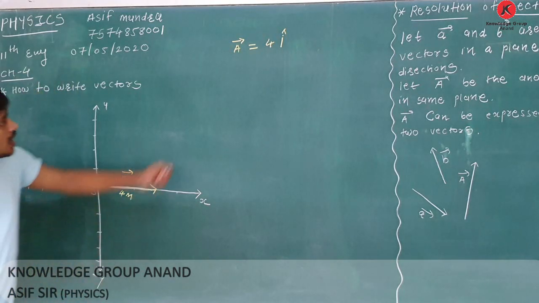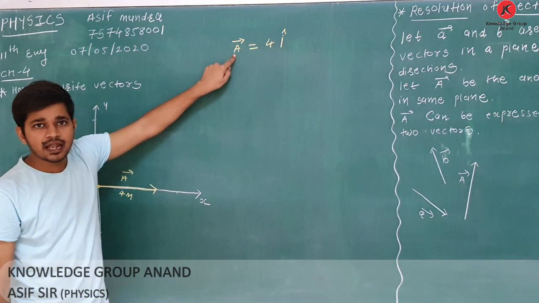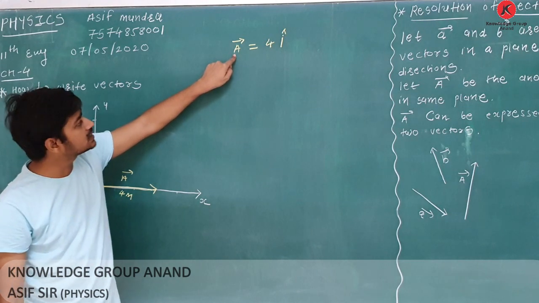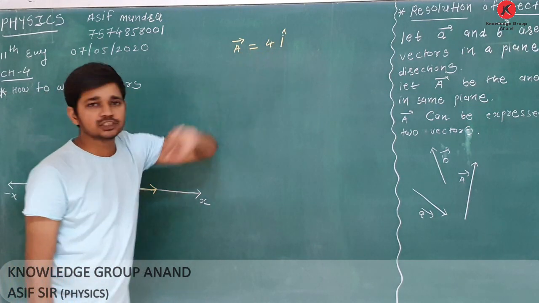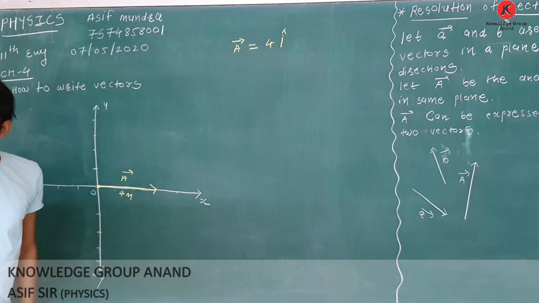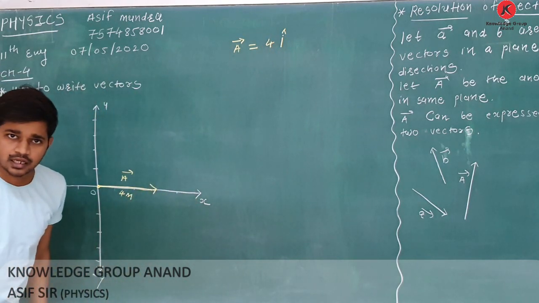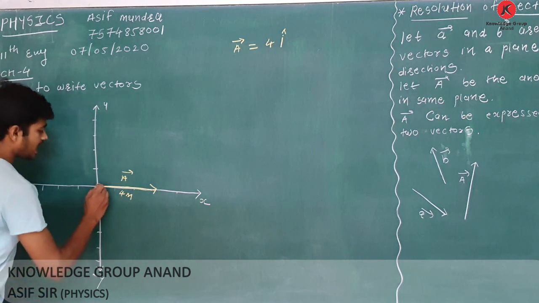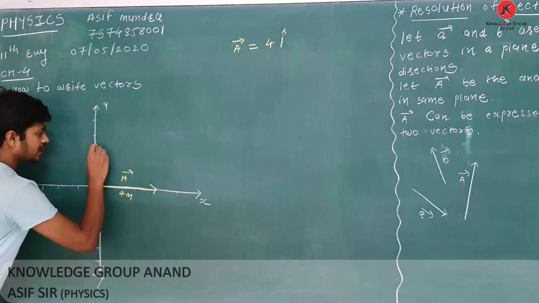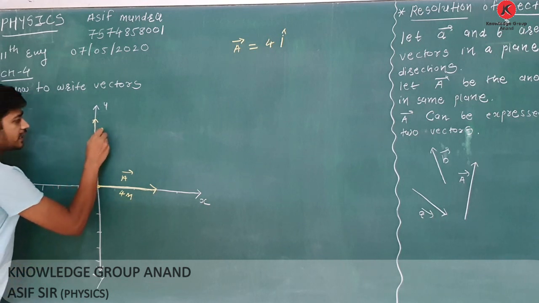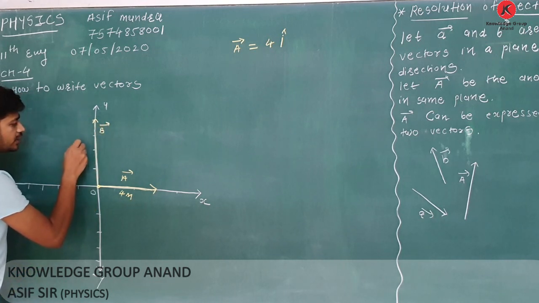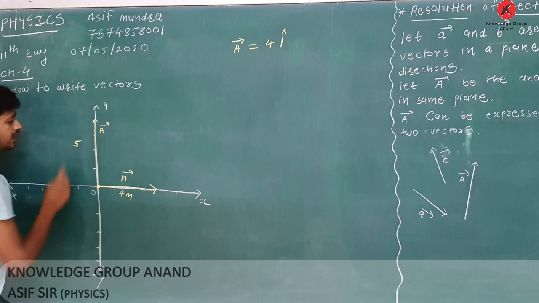Clear about this? How to represent any vector? You have to express it as the product of its magnitude and unit vector. Next, if I have another vector B in this direction, let its magnitude be 5.